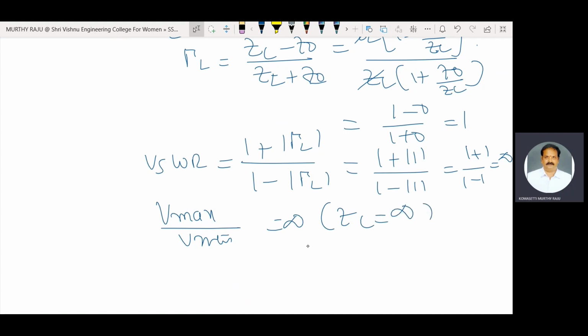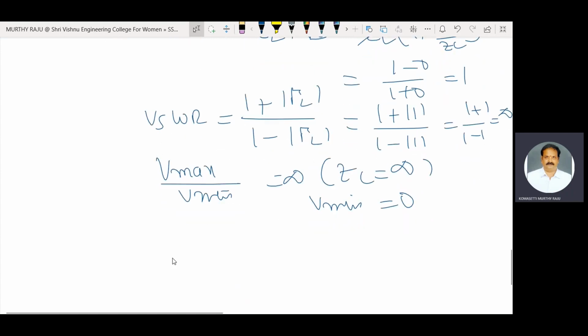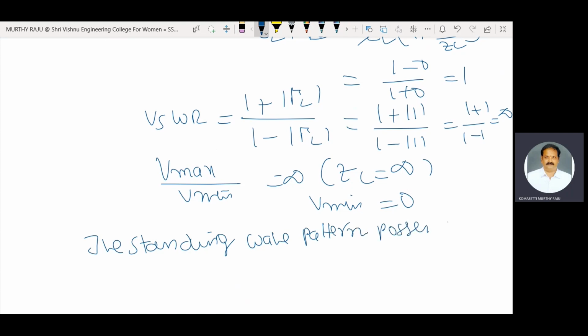ZL is equal to infinity. Therefore, V minimum is equal to 0. Therefore, the standing wave pattern possesses perfect nulls because V minimum is equal to 0.